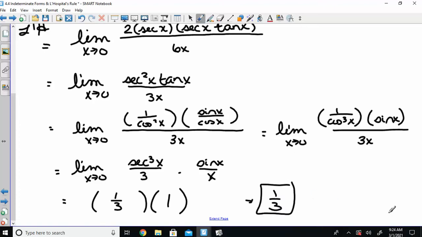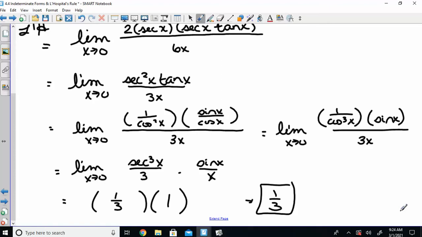And we get 1/3. Alright, I know that one was an ugly one. Probably a lot more than I'm going to give you right now. But I couldn't resist reviewing some of those derivative of trig functions and that sine x over x thing. So it was a good example to pull in a lot of old stuff.